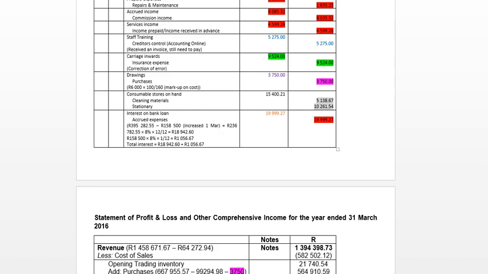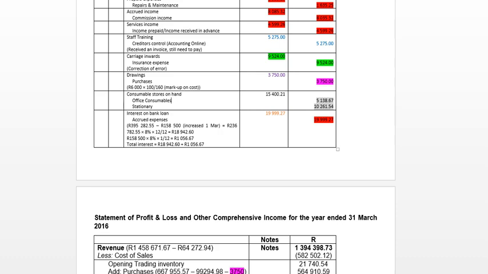So our stationery and office consumables expenses have to decrease by 5,138.67 and 10,261.54 respectively.